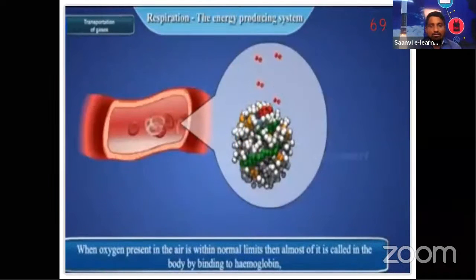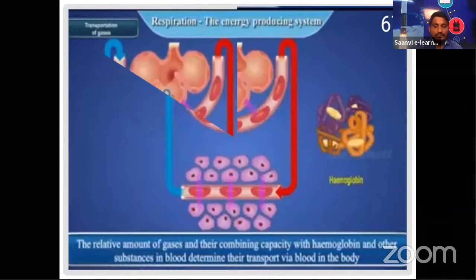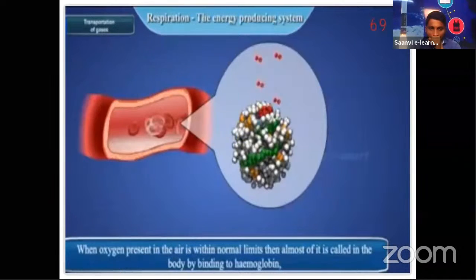Now here, when oxygen O2 present in the air is within normal limits, then almost half of it is carried in the body by binding to hemoglobin, Hb plus O2. Okay.